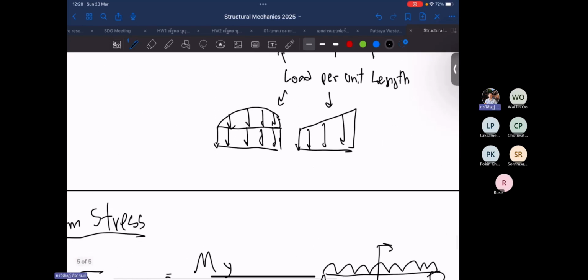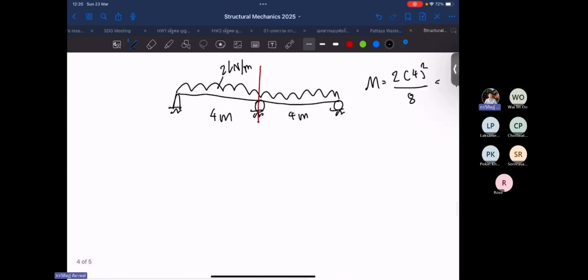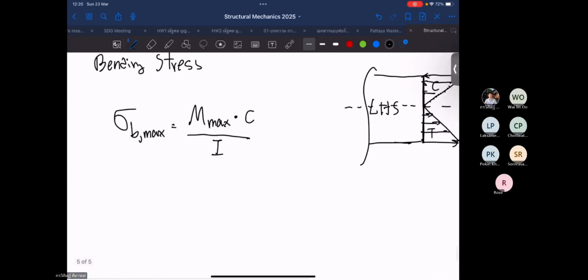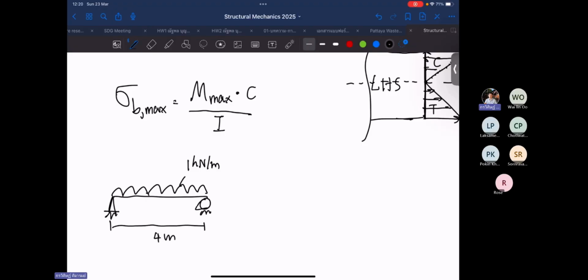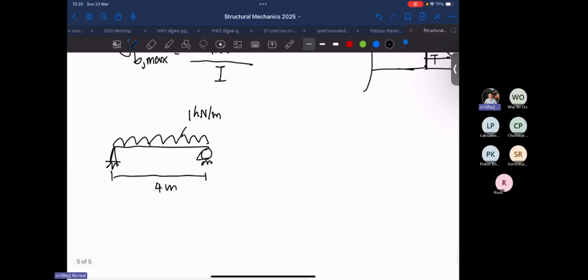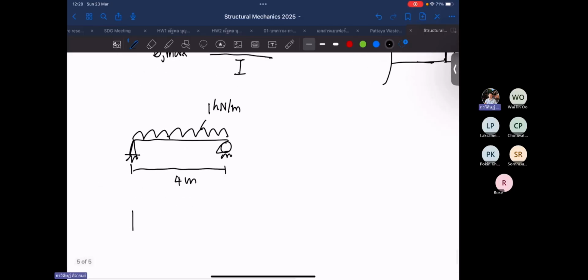For example, I will use a simple beam with uniformly distributed load. Okay, let's say 1 kilonewton per meter with a span length of 4 meters. I would like to know how much the maximum bending stress of this one is, and I have to design the section.